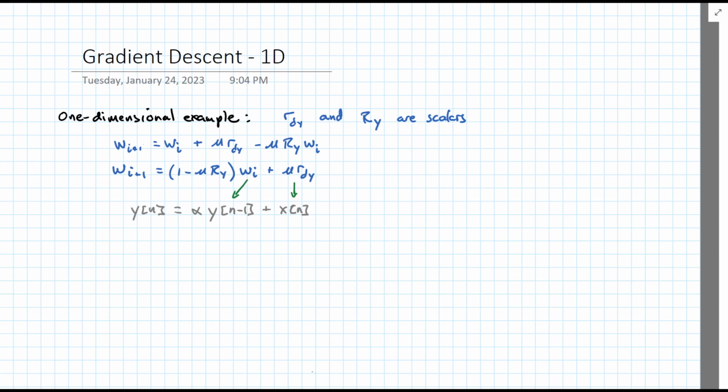Our wi looks like our previous output, and wi plus 1 would be our current output in our recursive system. The recursive gain parameter here is 1 minus mu ry. So we can draw this now as a linear system, such as we might have seen in a DSP class.